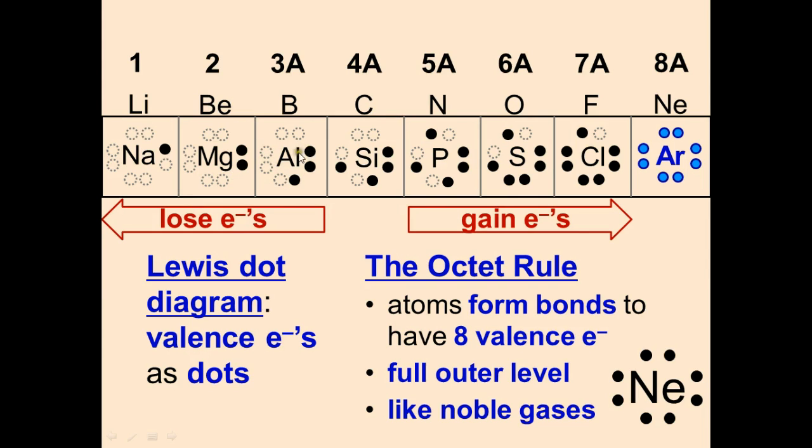So it's easier to lose a few than to gain a lot. And vice versa with the columns 5, 6, and 7. It's easier to gain maybe 3, 2, or 1 electron than to lose 5, 6, or 7. And don't worry about column 4 because we won't be talking about that. This column can go either way, so this is a little bit confusing. So just don't worry about group 4.